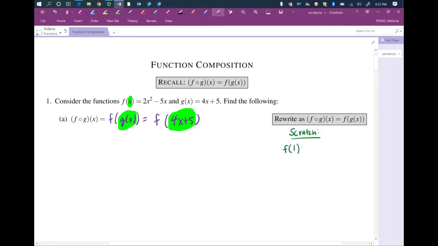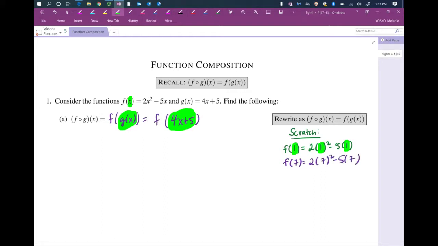So f of 1, and we're not going to simplify, because we're just trying to identify the pattern. That's 2 times 1 squared minus 5 times 1. We've replaced every x with 1. What about f of 7? Well that's 2 times 7 squared minus 5 times 7.